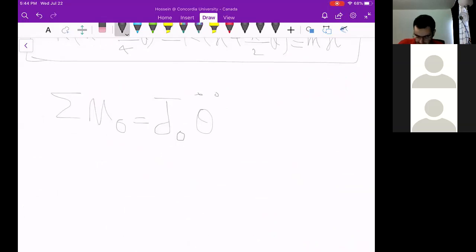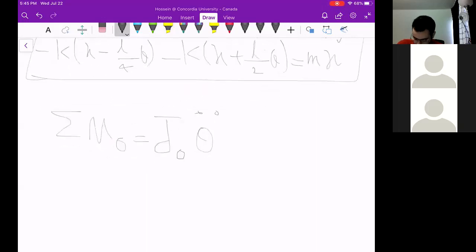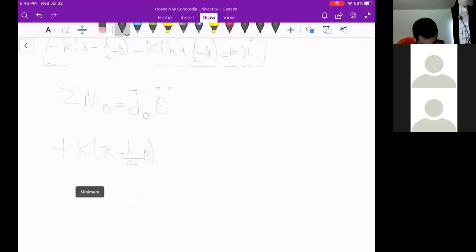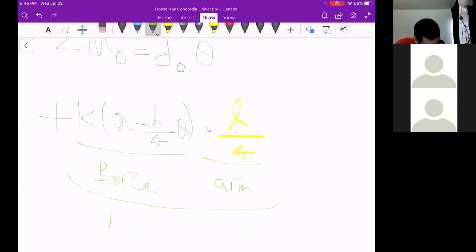Therefore, I can easily write the corresponding moments. The left spring will create clockwise moment: K times x minus L over 4 theta, this is the force, multiplied by the related arm, L over 4, force times arm gives the torque or moment.